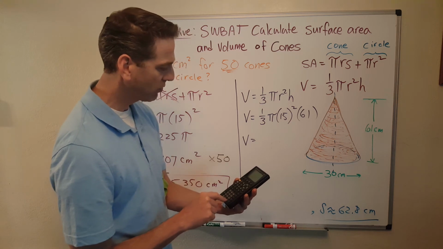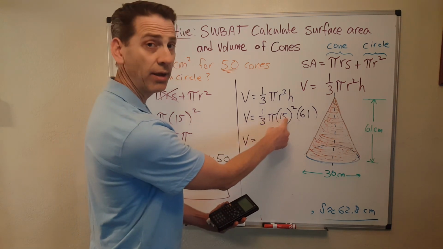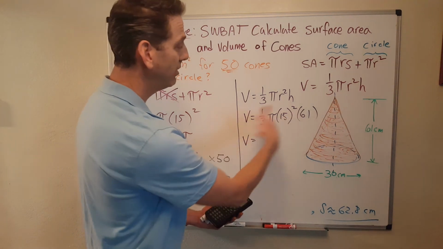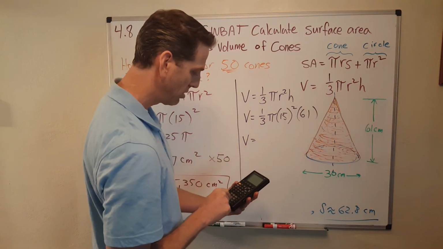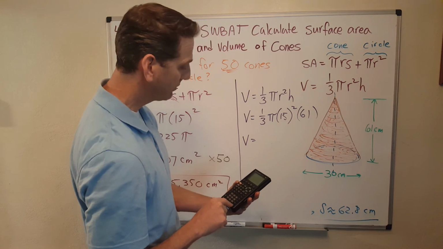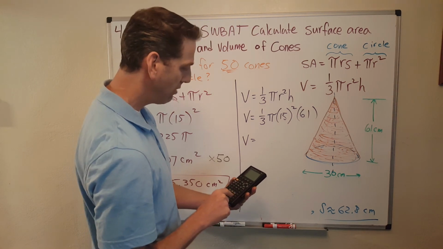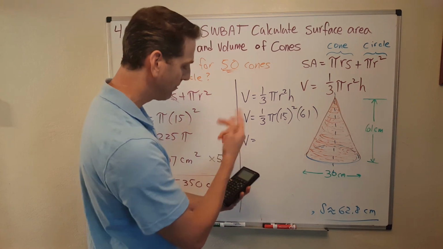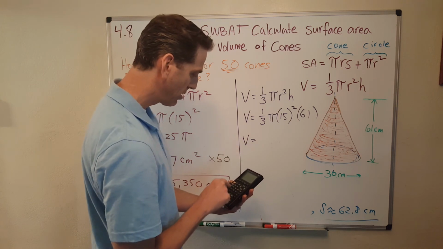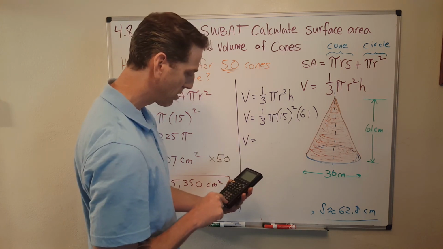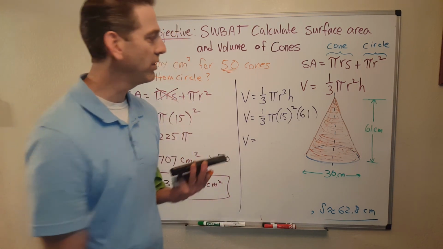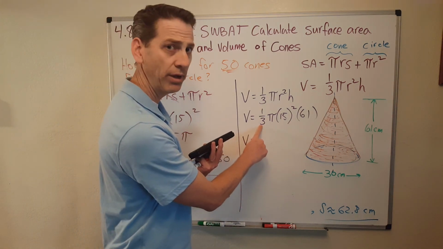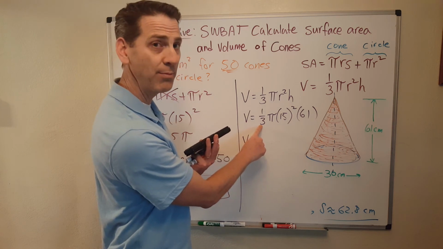What do we got here? We got 15 squared. We got to do that first. All right, exponents come first. Then you can multiply however you want. I'm going to multiply by 61. Now I'm going to multiply that by pi. Now I'm going to multiply that by 1/3. Another way of doing that is just simply by dividing by 3. You see how the 3 is in the denominator?